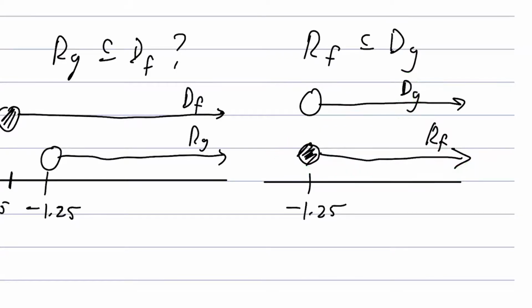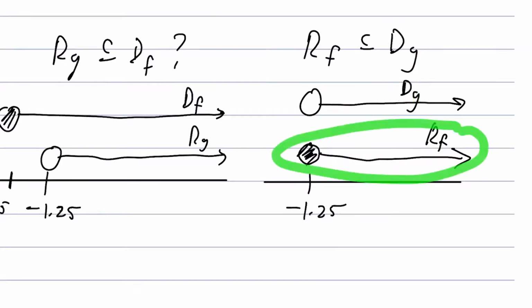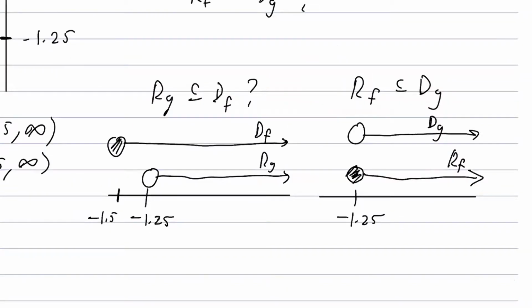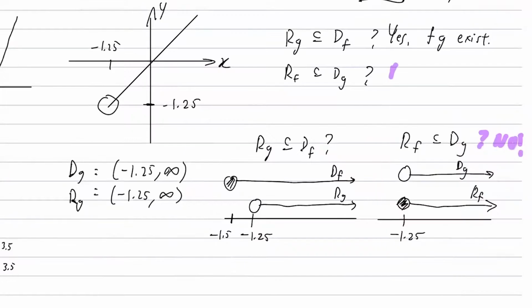Can you give me one example of a value in RF that is not inside DG? Negative 1.25. The solid circle is not inside the empty circle. Okay, so that's why this is not true. Understand? So only one of them is. I designed it so that only one of them should exist.